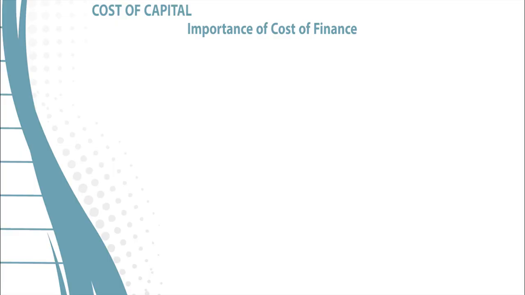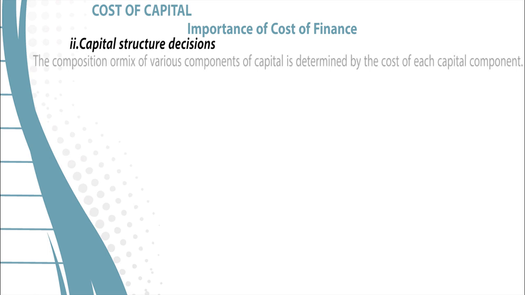Number two, capital structure decisions. The composition or the mix of various components of capital is determined by the cost of each capital component.